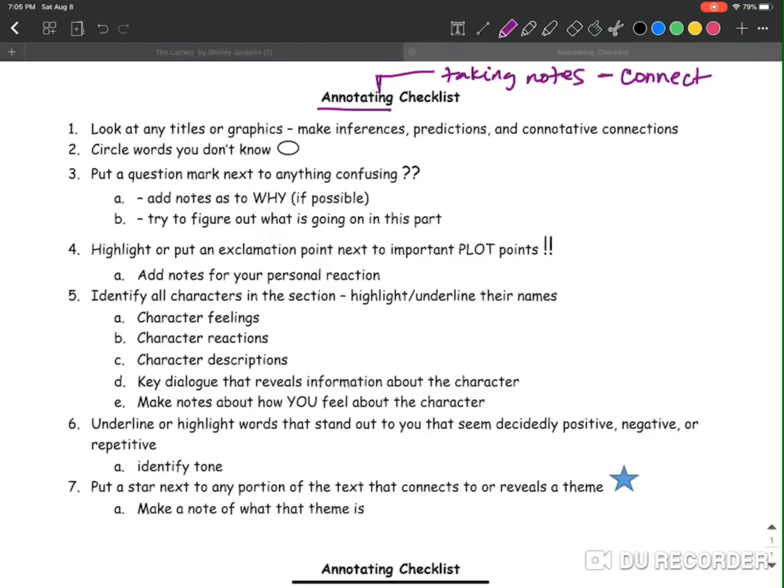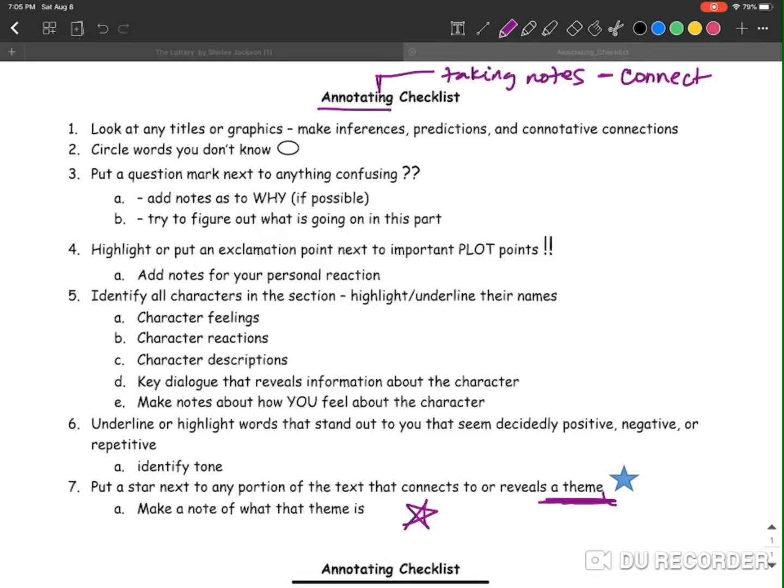We're looking for certain things. Of course, one of the big things that we're looking for is themes. You see way down here. When you come across a theme, you want to put a star around it, okay? And it doesn't have to be a theme. It could be something that you think is a theme. Maybe you end up being wrong, and after you go through it, you just decide, oh, well, that's only in that one section.